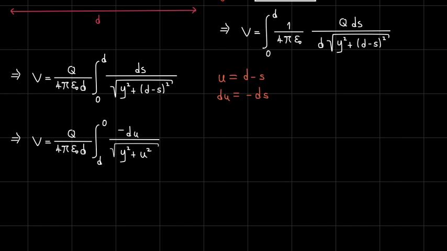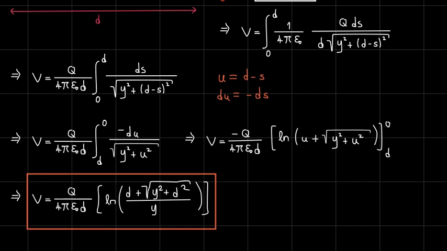Now this one is not a straightforward integral, so we use an integral table to solve this one. Here's our final result. As y goes to infinity, we can ignore the d in the numerator. So we have d here and then another d squared here. We can ignore those. We can set these equal to 0 because they're being added to y squared or y, right?